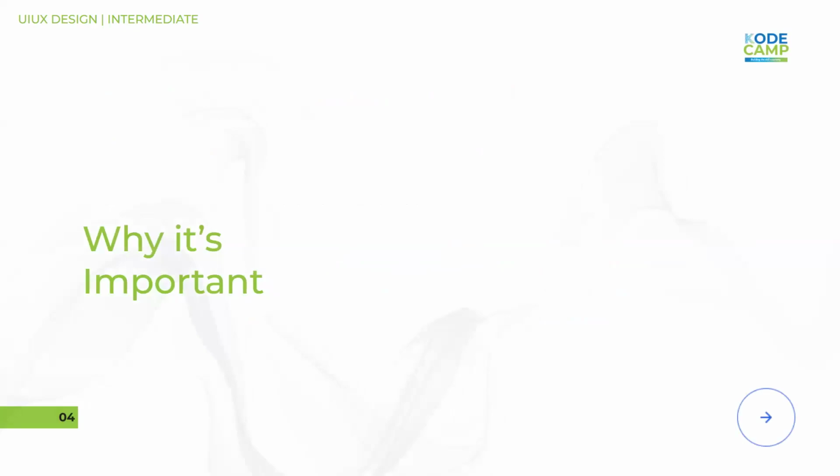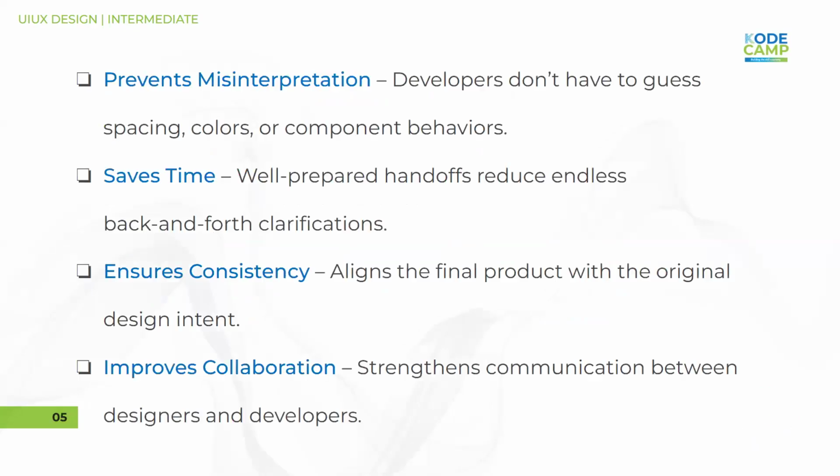So why is this important? First, it prevents misinterpretation. Developers don't have to guess spacing, colors, or component behaviors. Let's break this down. When you hand off properly, developers don't have to guess what you meant.